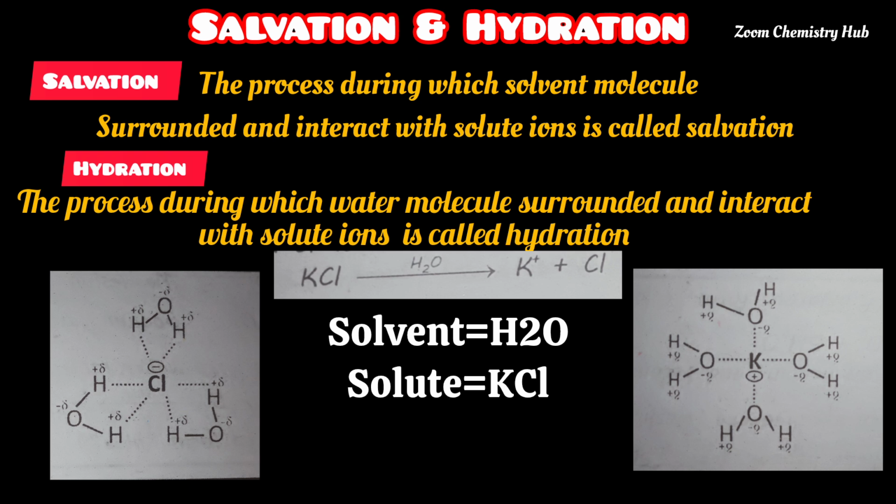We know that water is a polar molecule and it has a positive as well as a negative pole. That is, the positive side of it is hydrogen and the negative side of it is oxygen. So ionic compounds are solvated by polar solvents like water.